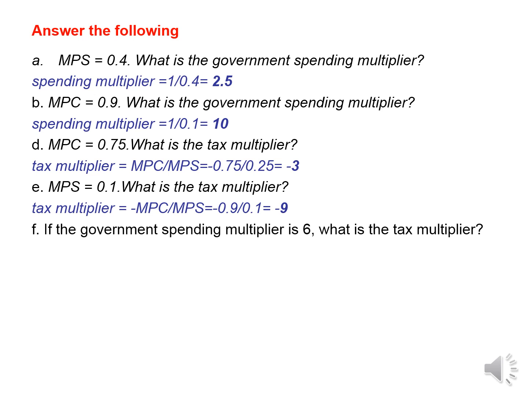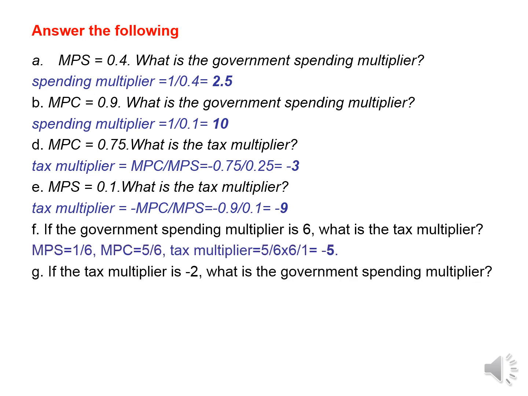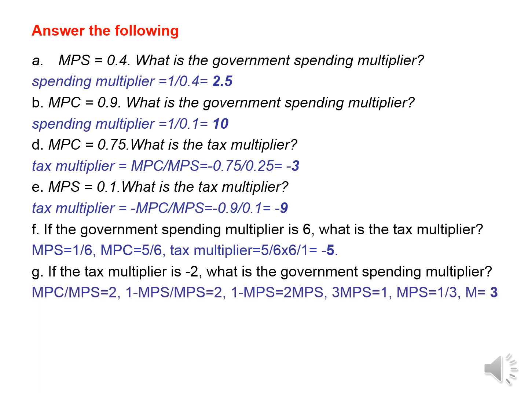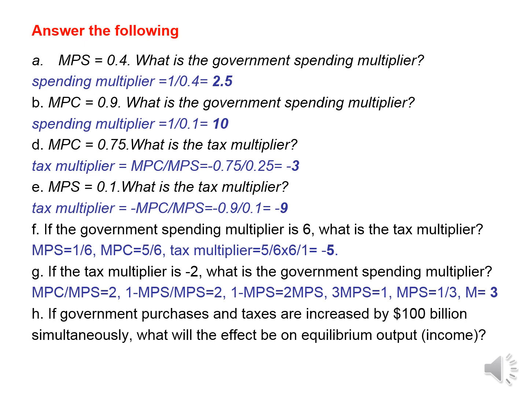If the government spending multiplier is 6, what is the tax multiplier? Negative 5. Is anyone still not understanding what we are doing? If the tax multiplier is negative 2, what is the government spending multiplier? 3. Okay.